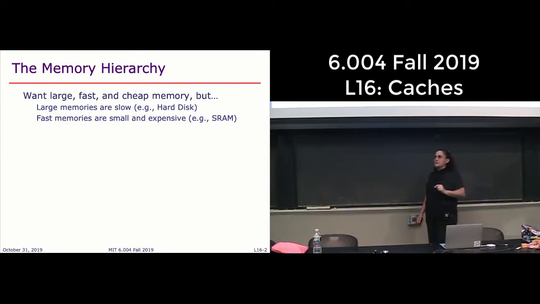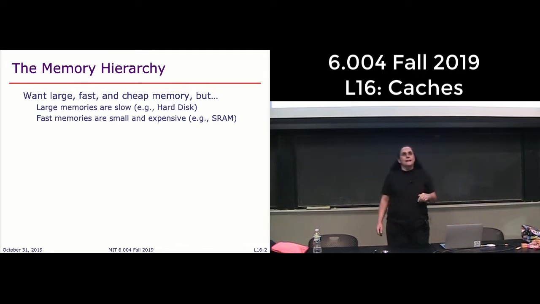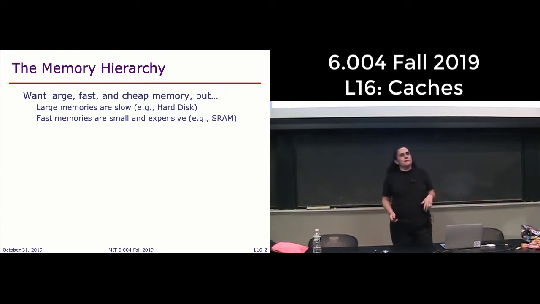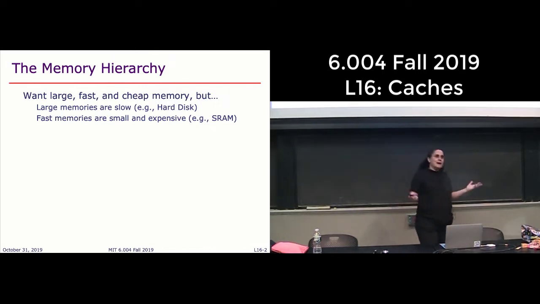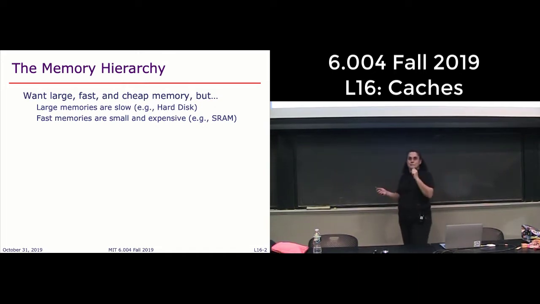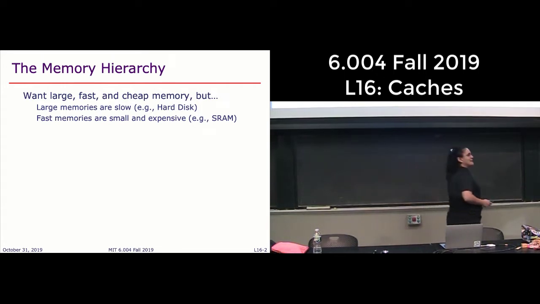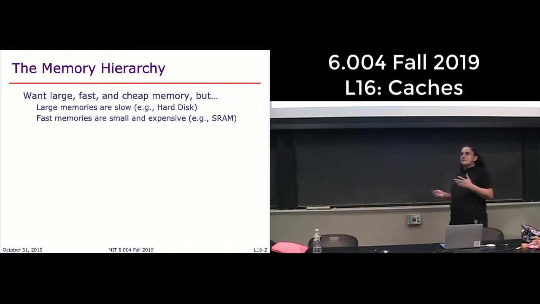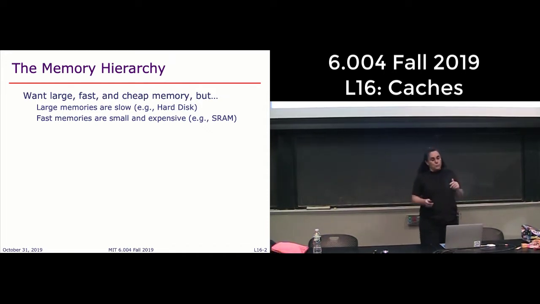And so what we saw last time was that the unfortunate situation is that if you want to have a large memory, then you have to deal with the fact that it's slow. Whereas if you want to have a fast memory, then you're going to have to deal with the fact that it's small and expensive. So what we talked about at the end of Tuesday's lecture was that what we'd like to do is to see if we can somehow have the best of both worlds.